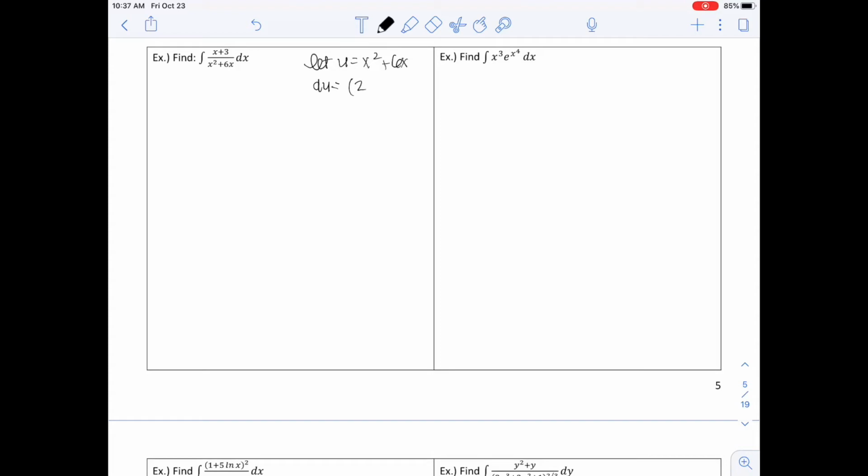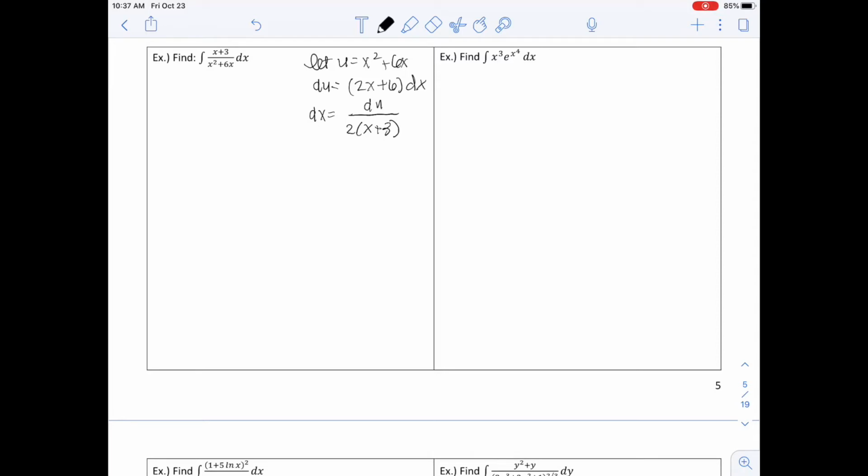And this is going to become 2x plus 6, and then dx. From here, I can factor out a 2, and I wanted to solve for dx. So I'm going to go ahead and write dx is equal to du divided by, factoring out the 2, I would have x plus 3. If you need to show some extra steps there, make sure you do.